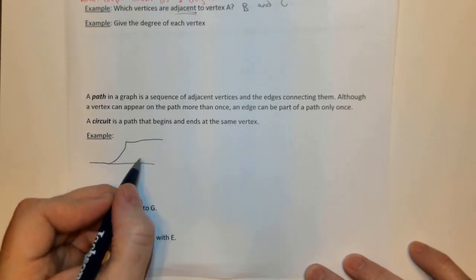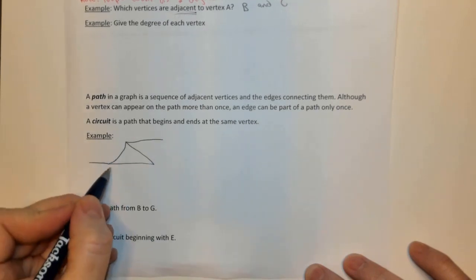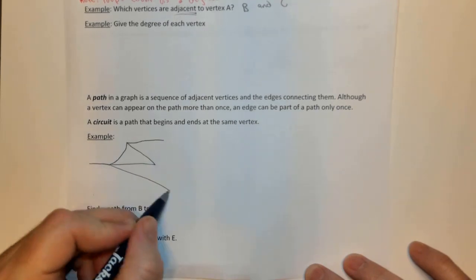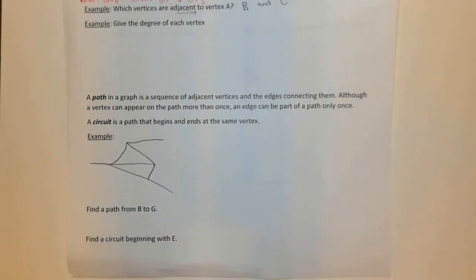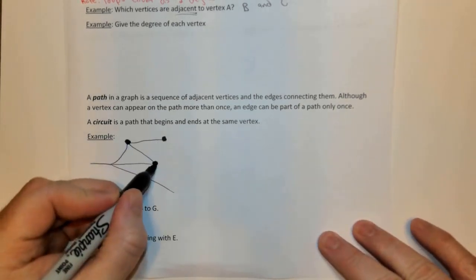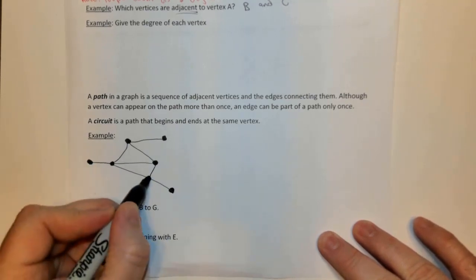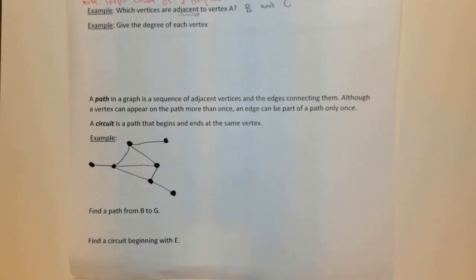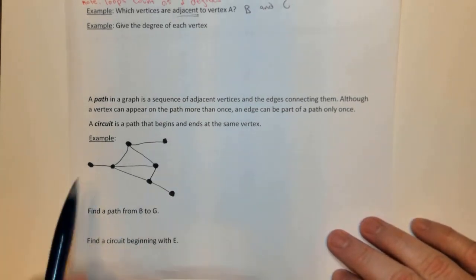So I'm drawing this out. I'll label my vertices in just a moment. This one is a little unique. It kind of has these end points. You can kind of see it ends here, or it ends down here, or it ends there.